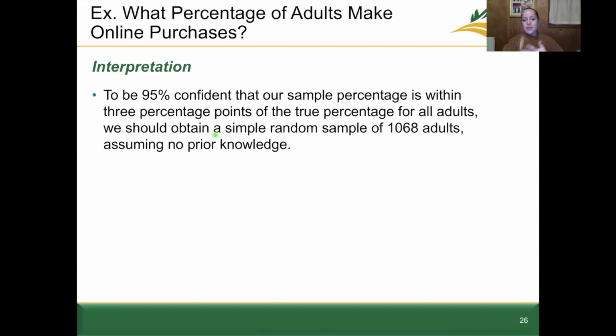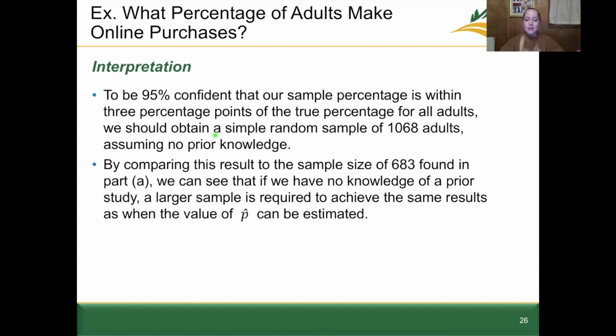However, in part A, when we did know p-hat, then comparing the two results, in part A, we got 683. 683 is definitely less than 1068. So let's make this connection now. So we can see that if we have no prior knowledge of a prior study that was done, then a larger sample size is required to achieve the same results as when the value of p-hat can be estimated. In other words, if we know p-hat, then our sample size requirements are smaller than if we don't know p-hat, if we don't have any prior knowledge.